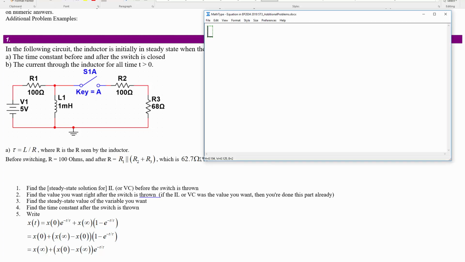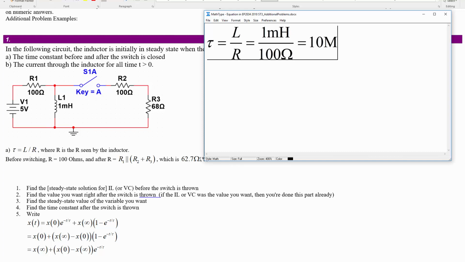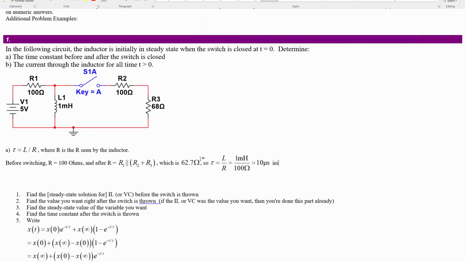So tau equals L over R equals 1 millihenry over 100 ohms equals 10 microseconds initially.